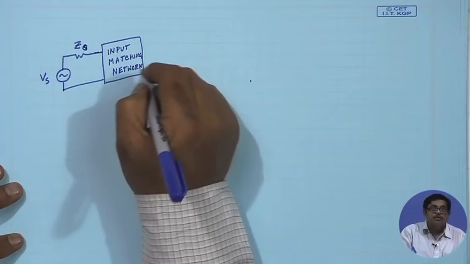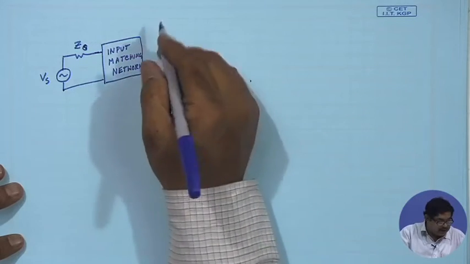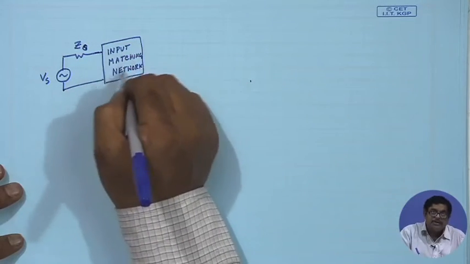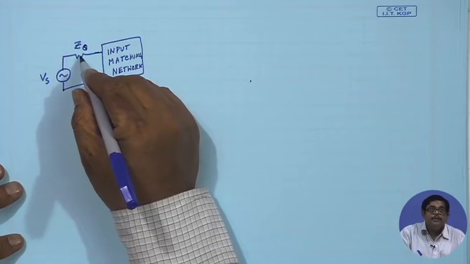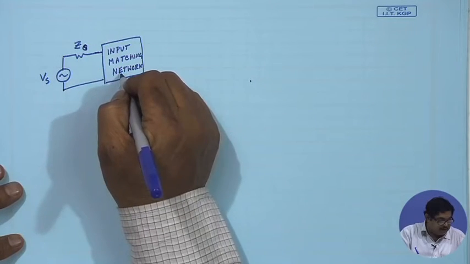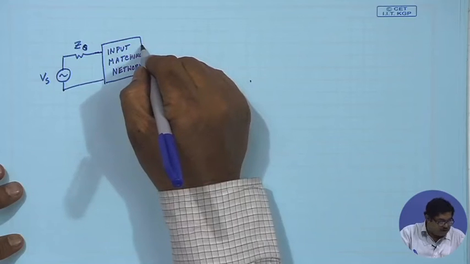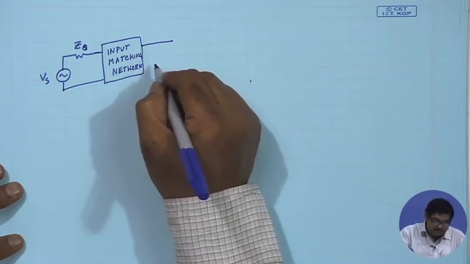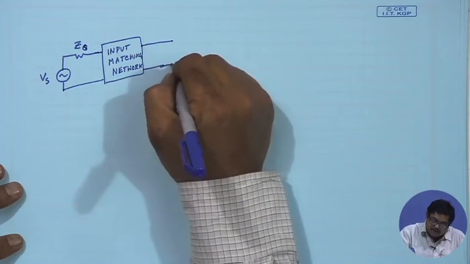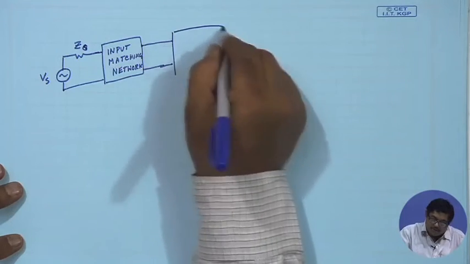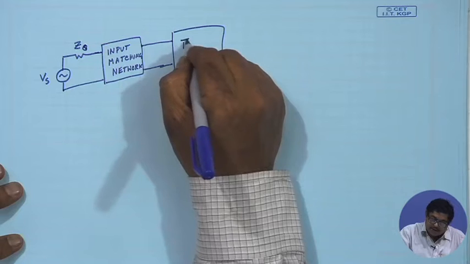This will be based on conjugate matching, and the job of this input matching network is to bring this to an impedance level Z0. Then I have the transistor S.